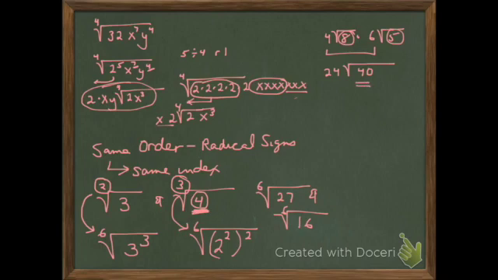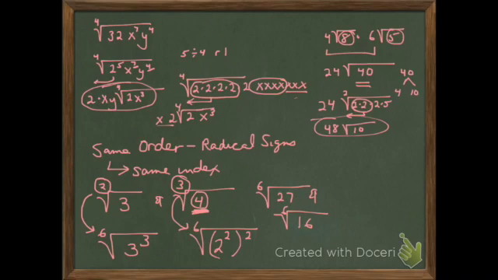I could simplify before, but it might just be easier to simplify afterwards. 40 is the same as 4 times 10, which is the same as 2 times 2 times 2 times 5. If it's the square root, I'm looking for every group of 2. So now we have 2 times 24, or 48, the square root of 10. Again, if you're not comfortable, make sure that you go back and review.